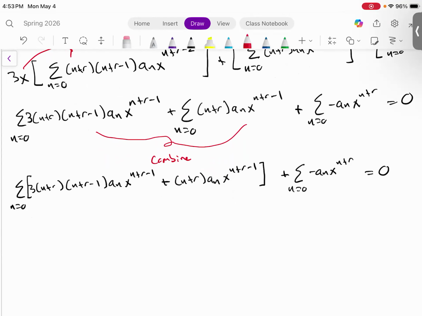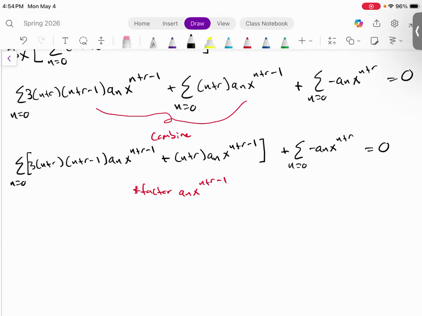So I notice here that both of these expressions have a sub n, x to the n plus r minus 1. So what I'm going to do is factor out that a sub n x to the n plus r minus 1. All right, I'm going to factor that out.